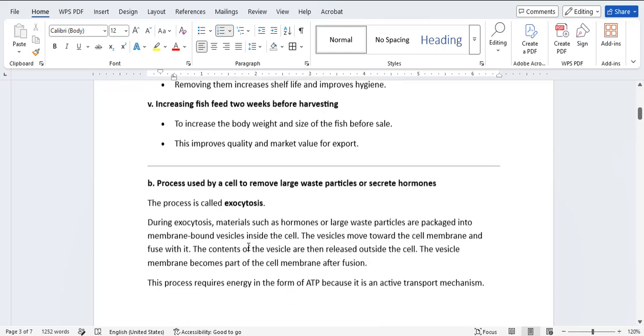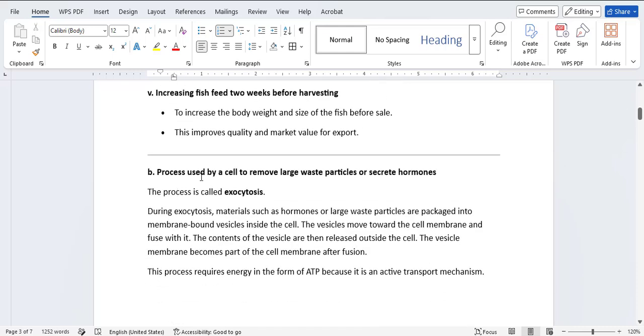Alright. Then we go to the second question, which is the process used by a cell to remove large waste particles or secrete hormones. You need to recognize that this is a process of exocytosis. So that should be somewhere in your discussion, it can come first, like we have here.